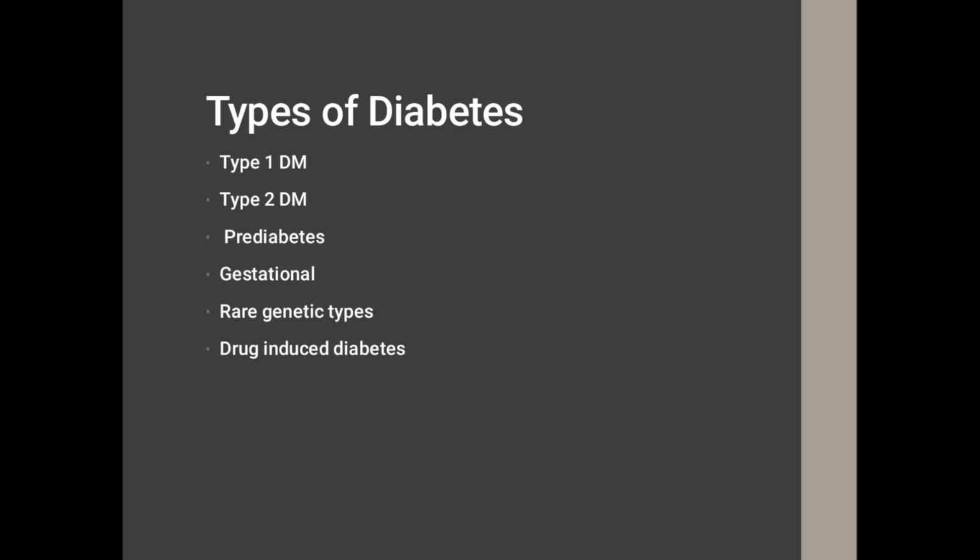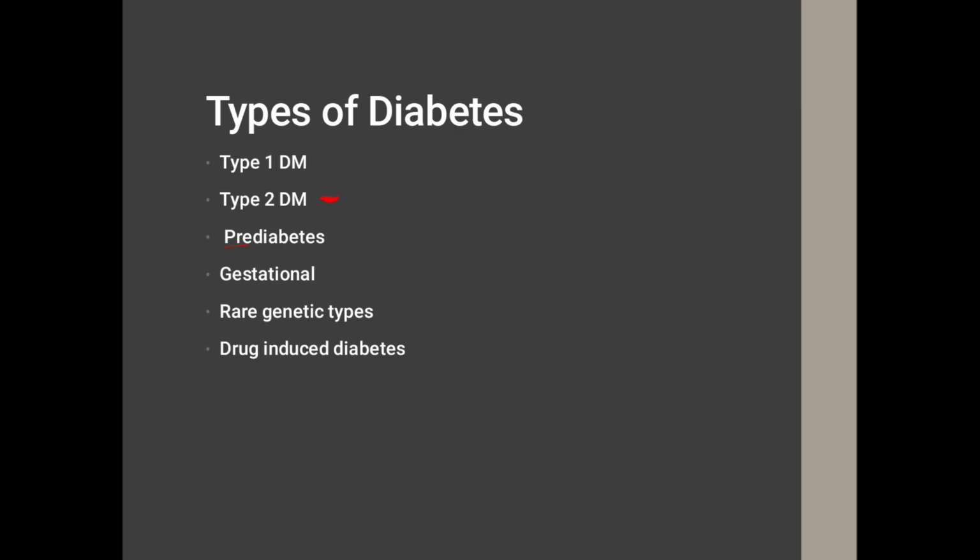The most common one is type 2 diabetes, then type 1, then pre-diabetes, which is not a diabetes condition. Pre means before diabetes. Then gestational, which is another talk, that's gynecology, rare genetic types, and drug-induced diabetes.